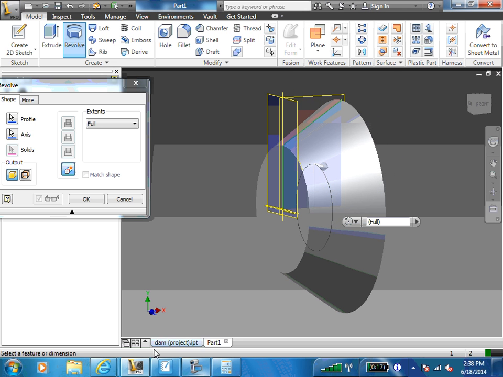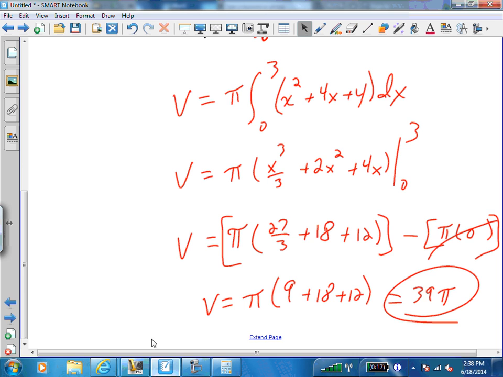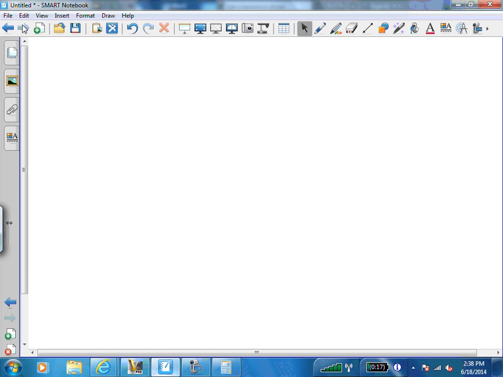Now, if we just change that problem a little bit, let's take that same function, x plus 2 from 0 to 3.